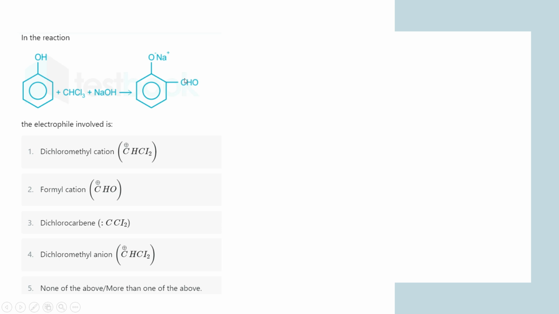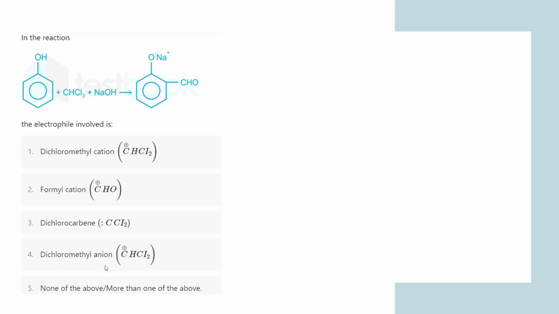An aldehydic substituent is being introduced on the ortho position of the phenolic OH. So you are asked the electrophile involved in the reaction: is it dichloromethyl cation or is it formyl cation? Is it dichlorocarbene or is it dichloromethyl anion?